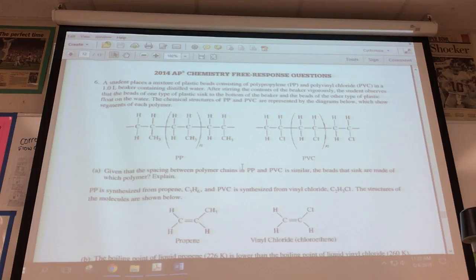After stirring the contents of the beaker vigorously, the student observes that the beads of one type of plastic sink to the bottom of the beaker and the beads of the other float. So what do you think they're talking about? Density. The chemical structures of the two are shown. Given the spacing between polymer chains is similar, the beads that sink are made up of which polymer?